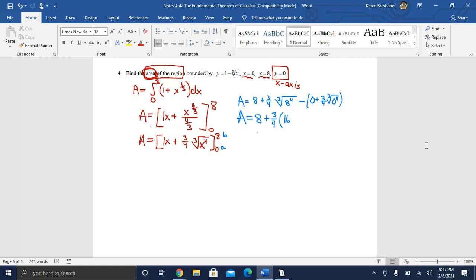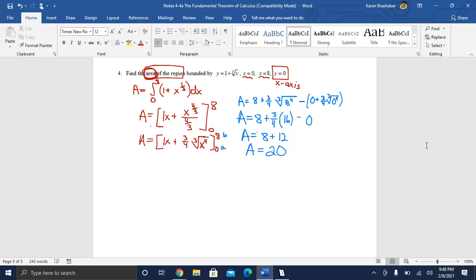So you're taking 3/4 times 16. And then this last part is 0. And so we'll have 8 plus, and then 3/4 of 16 is 12. And so the area under the curve is 20.